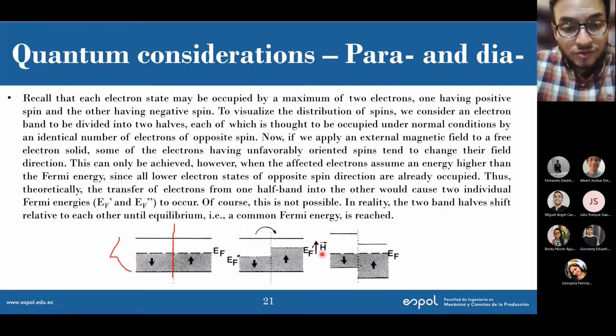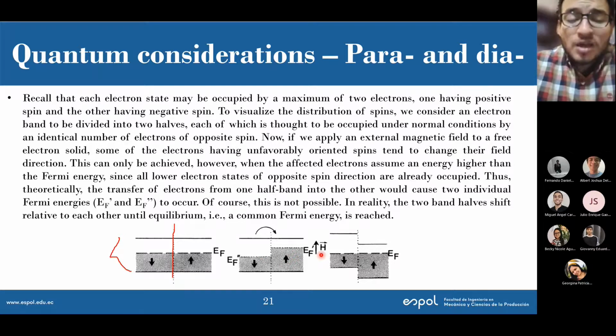Well, those electrons that are unfavorably oriented spins, so in this case, look, my magnetic field is oriented in the positive direction, right? So some of those unfavorably oriented electrons will start to change their spin direction. So look at that. Now I don't see the same number. You now see a difference, right? So now I have more electrons that are aligned with my magnetic field.